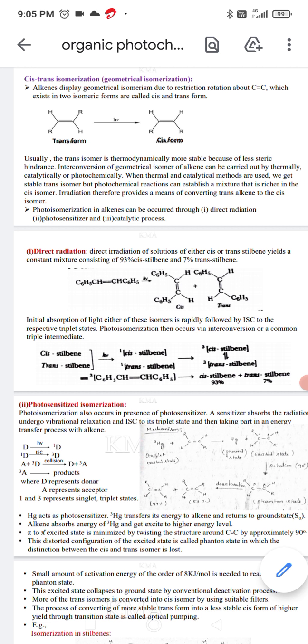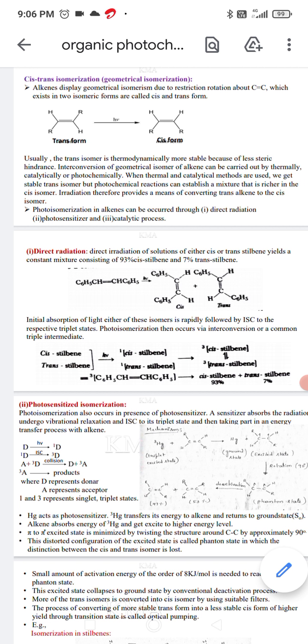When they undergo a photochemical reaction, first the cis-stilbene and trans-stilbene are converted to the singlet excited state. These are again converted to the triplet excited state, where cis-stilbene and trans-stilbene are in equilibrium. In the triplet excited state, it gives rise to a mixture of 93% cis-stilbene and 7% trans-stilbene.